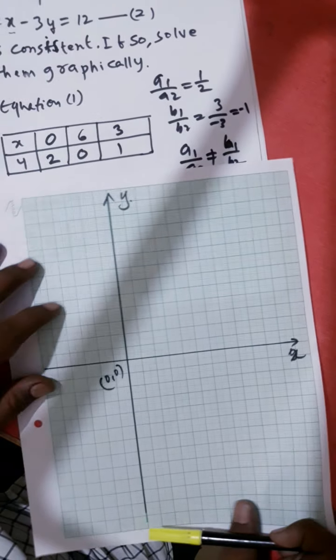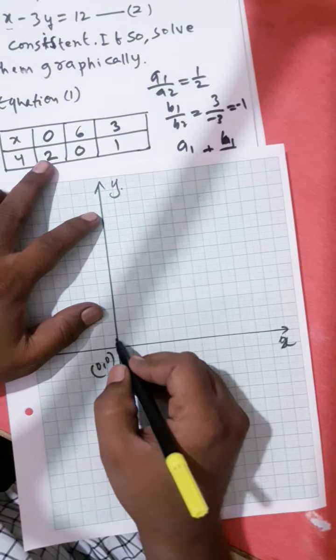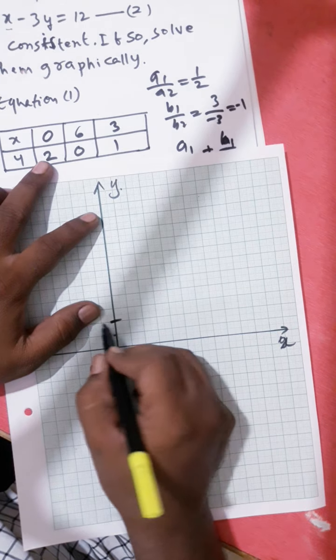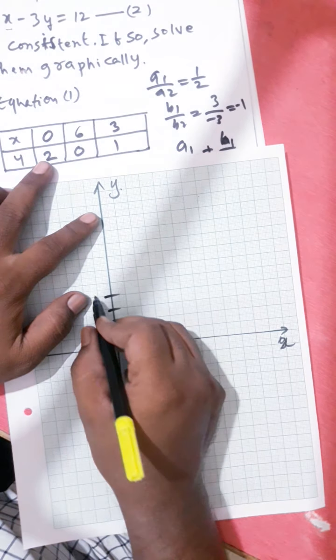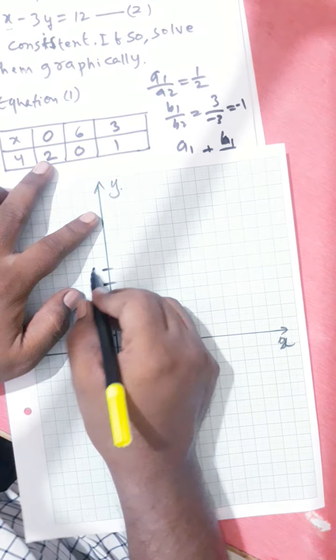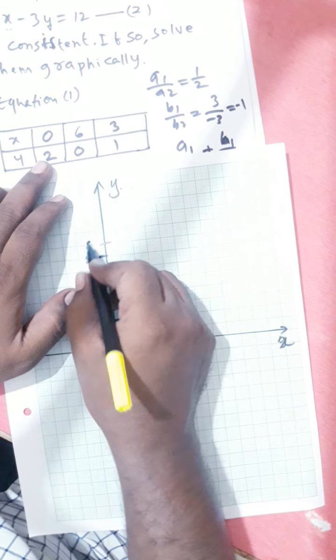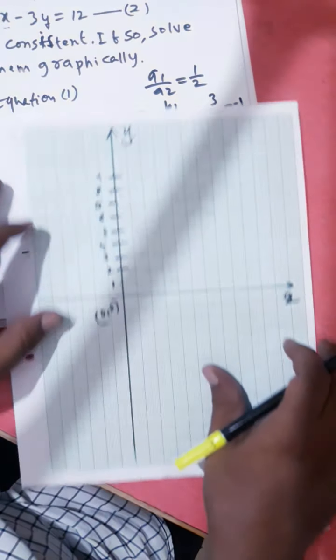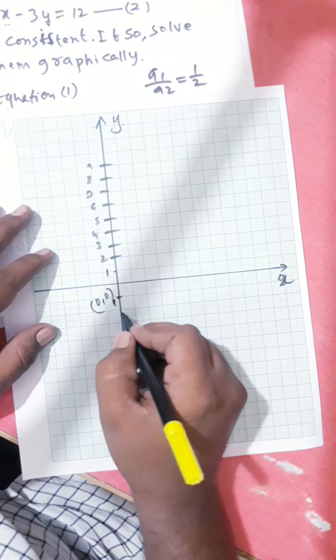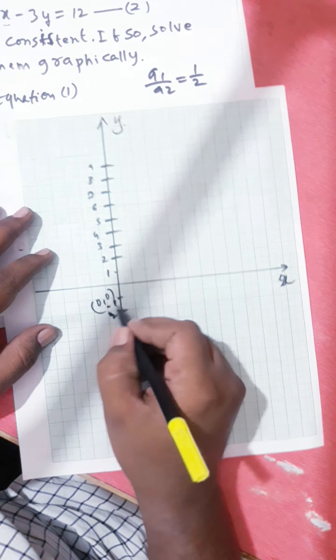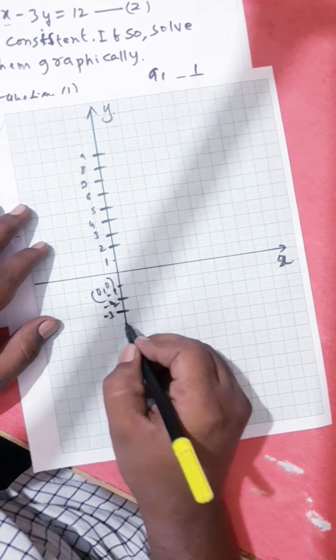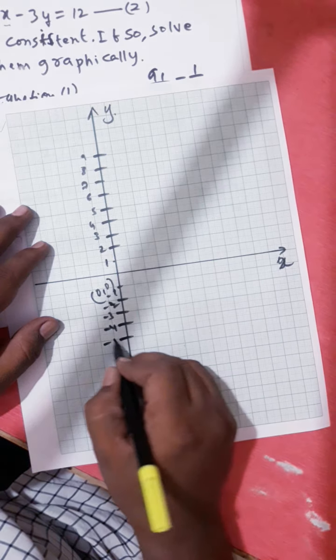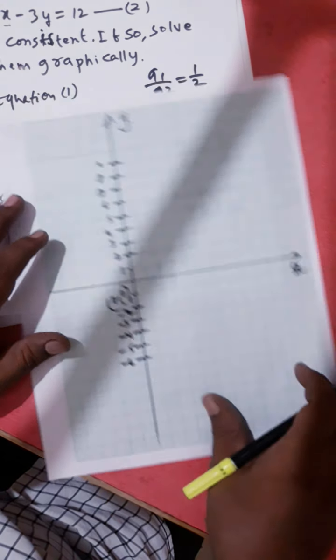Now if I draw the graph of these two lines, see, this is 1 2 3 4 5 6 7 8 9. This is 1 minus 2 minus 3 minus 4 minus 5 minus 6.